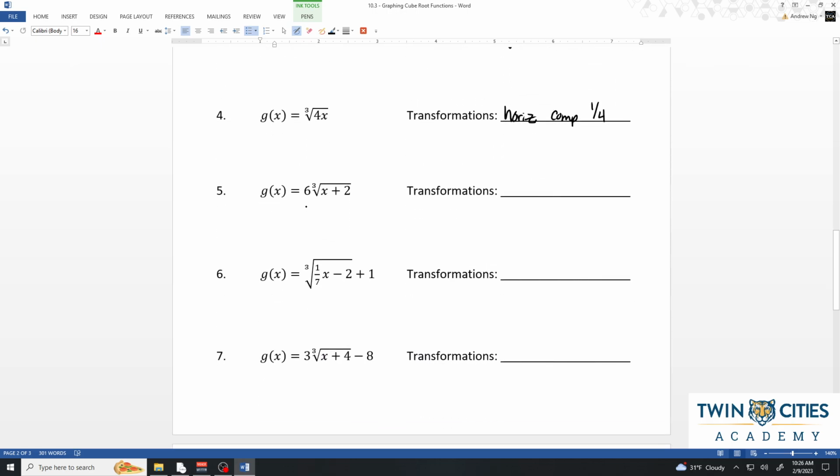Number 5, now I've got a couple of things happening at once. This is going to be a vertical stretch of 6. And I'm going to shift to the left 2. For number 6, I've got 3 transformations taking place. Let's start here. This is going to be, remember, the opposite. So this is going to be a horizontal stretch of 7 over 1, or just 7.